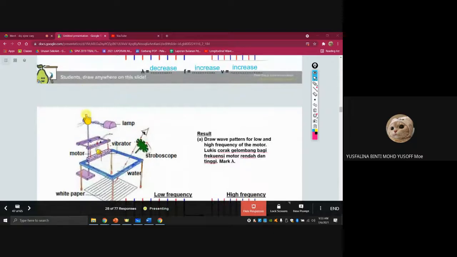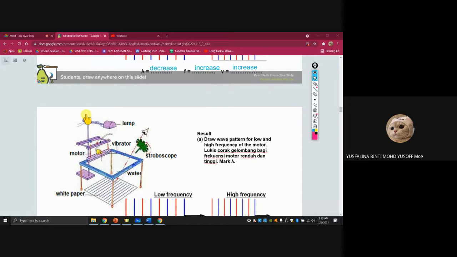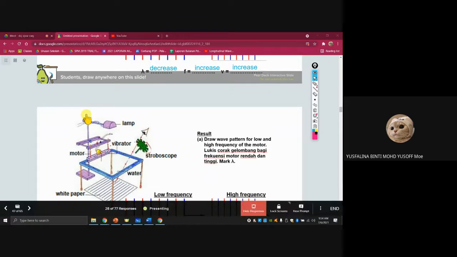V is equal to F lambda. So when the F increases, okay, so let's check the answer.